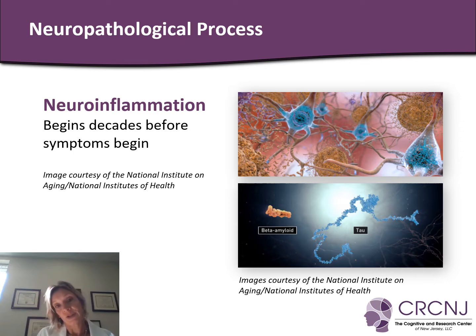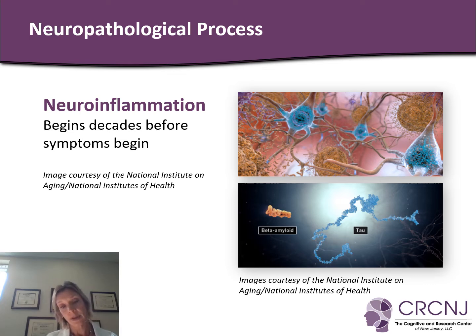The other thing that starts to happen is tangles form. Tangles are formed because of something gone awry with a different protein called tau. Once the tangles form, those neurons or cells in the brain are not working properly. So first we have the amyloid plaques, the gooey substance that sticks between cells, and then we have the tangles, which occur within the cells due to a different protein called tau.